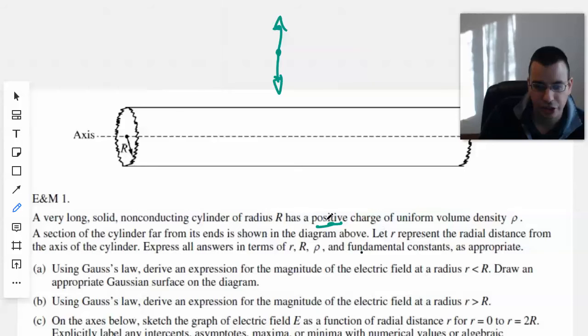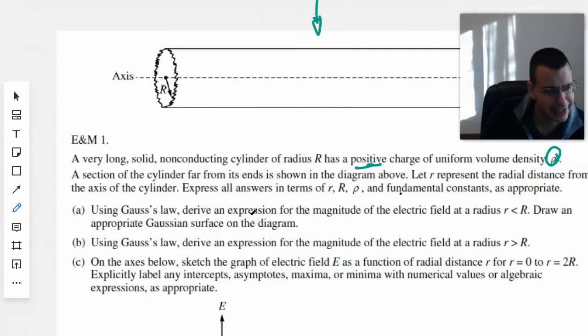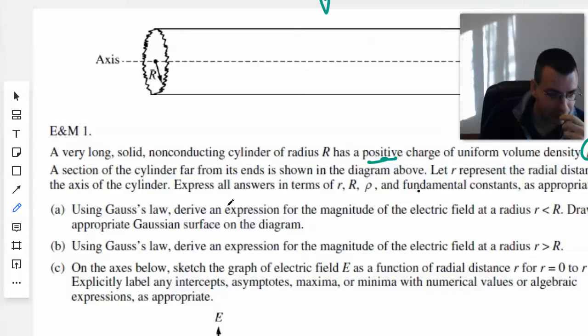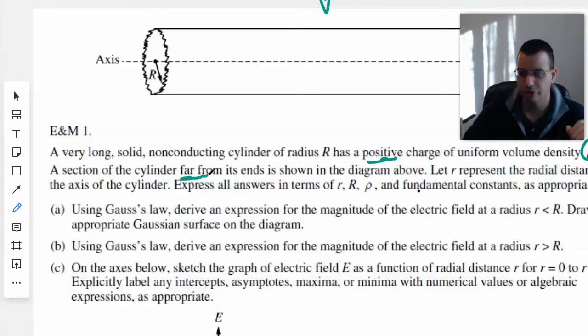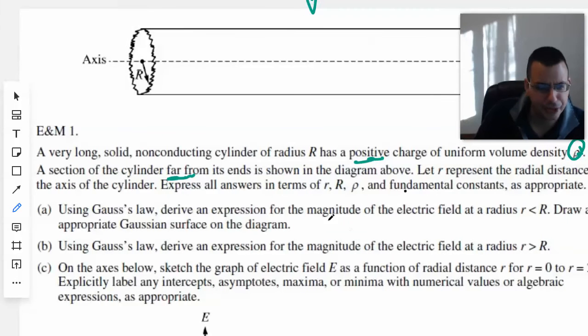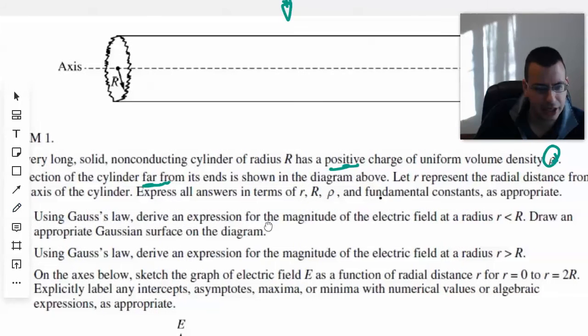It has a uniform volume density of rho. Pretty standard. A section of the cylinder far from its ends, that way we can assume there are no end effects. It's all just uniform and infinite, though if it is infinite, it would also be far from the ends, pretty much by definition.